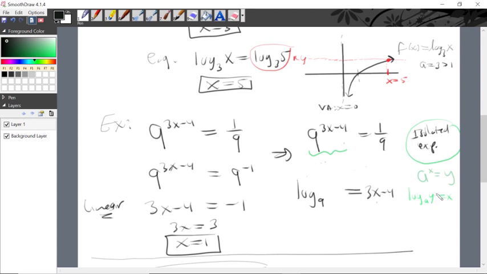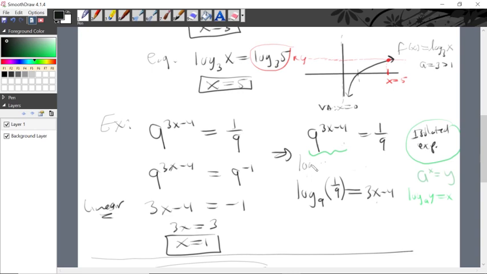And the result of the exponentiation, which in this case was 1/9, becomes the argument of the logarithm then. Okay. We also could have achieved this result by applying a logarithm of base 9 to both sides of the equation. Right? We would reach the same conclusion.